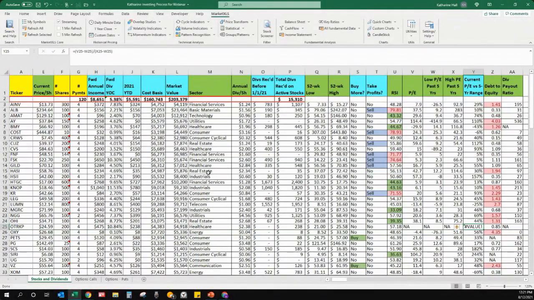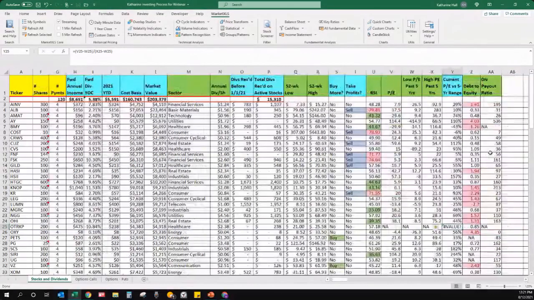In addition to the valuation criteria that I like to just keep on my radar, I have a couple of quality criteria here. Debt to equity. I love when a company doesn't have a lot of debt.